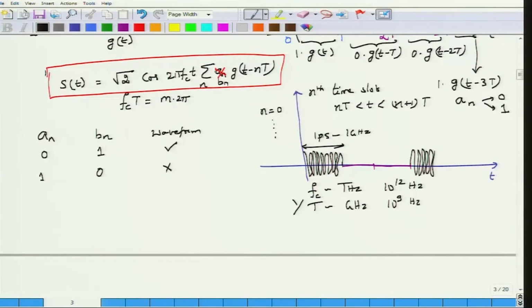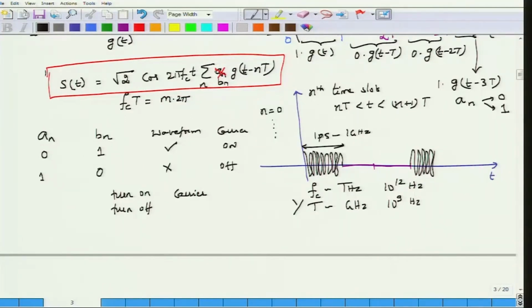So with this bn you are turning on or turning off the carrier, the carrier being square root of 2 cos 2 pi fct. You are choosing to turn on or turn off depending on bn equal to 1 or 0. Here the carrier will be on, there the carrier will be off.